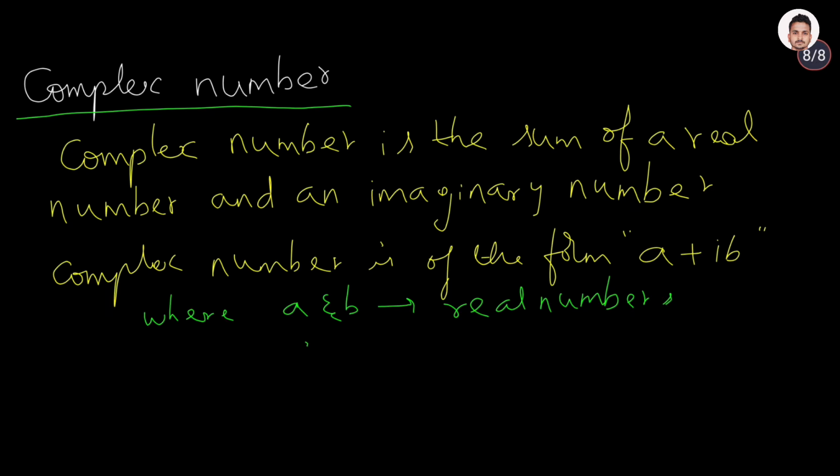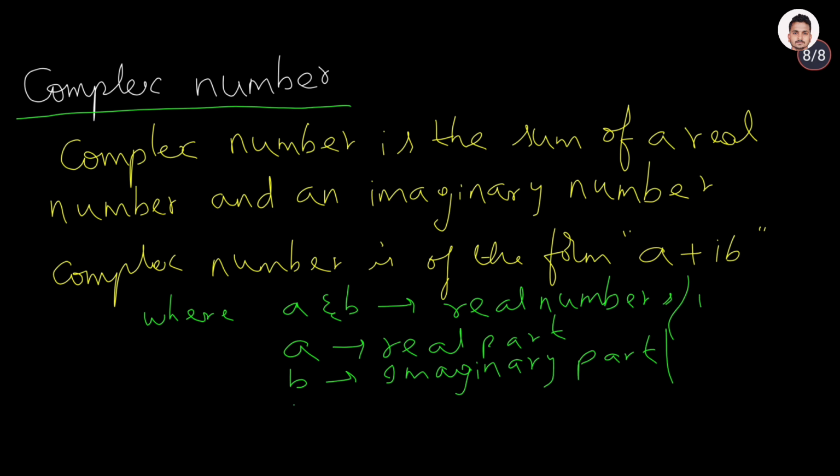The a part is the real part and the b part is the imaginary part. And combined, ib is nothing but an imaginary number.